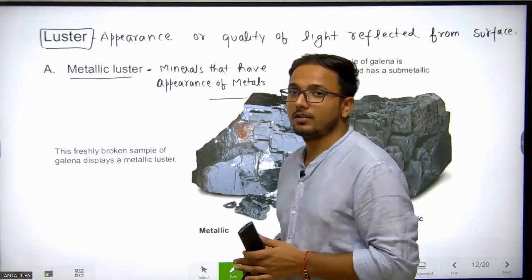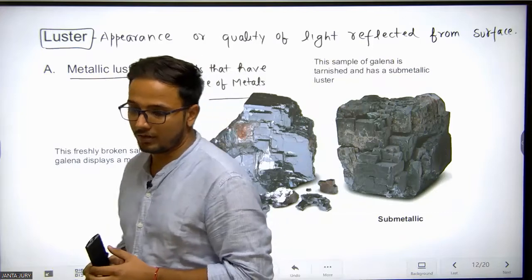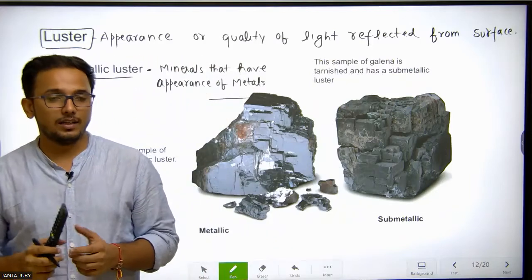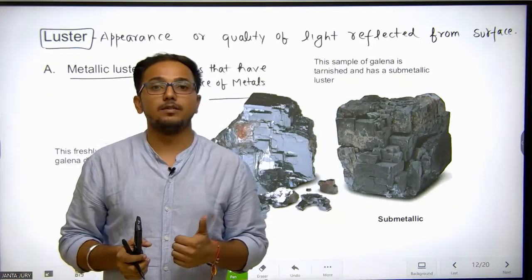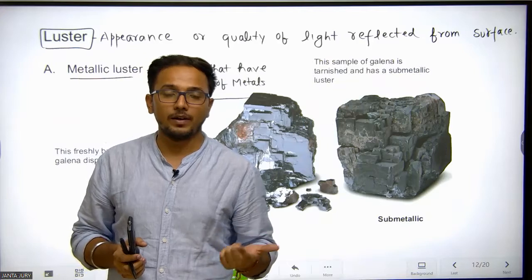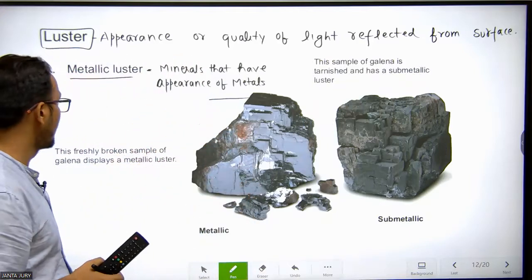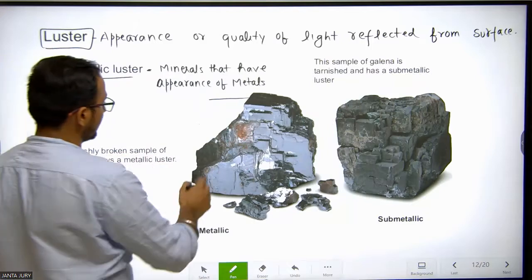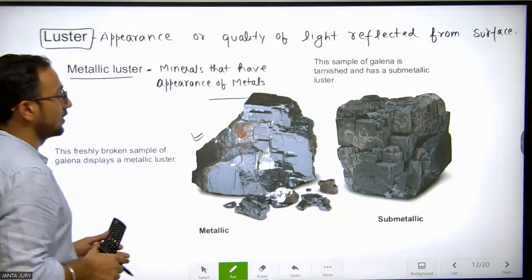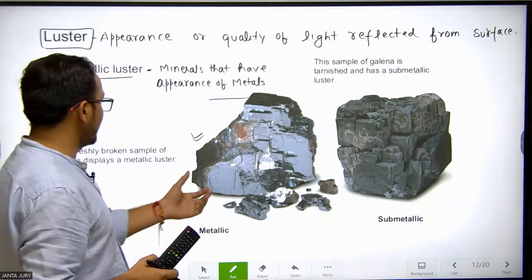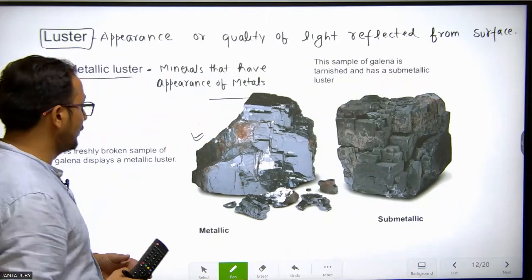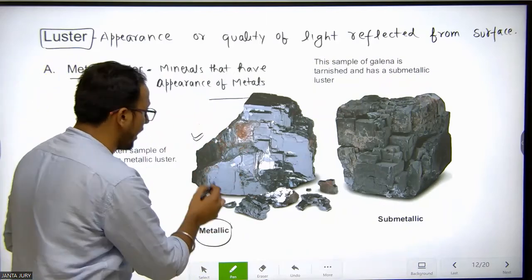Whenever you go shopping to buy a car, there are two options, one is metallic and another is non-metallic. So this is like metallic appearance and non-metallic appearance. If you look at minerals like galena, fresh galena has a metallic appearance.